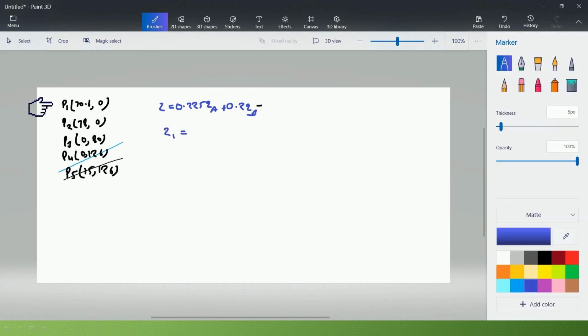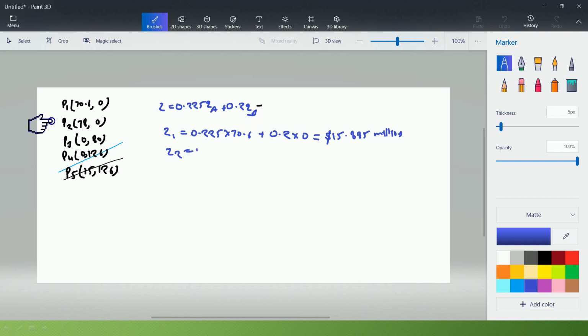Z1: 0.225 times 70.6 plus 0.2 times 0, this will come to 15.885 million dollars.